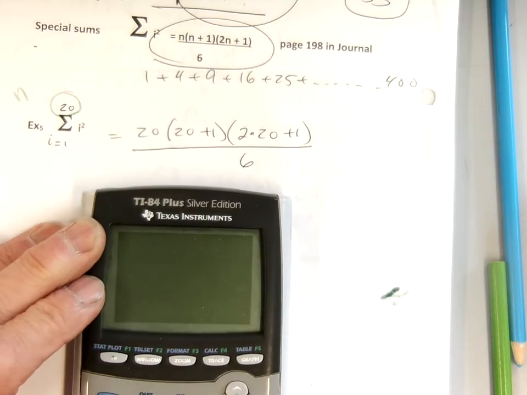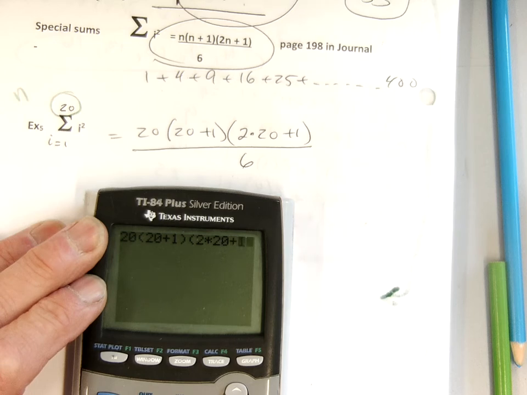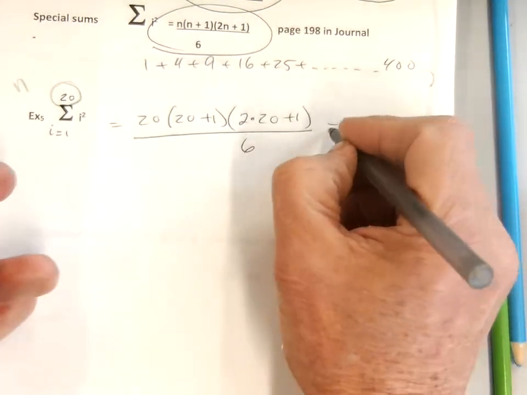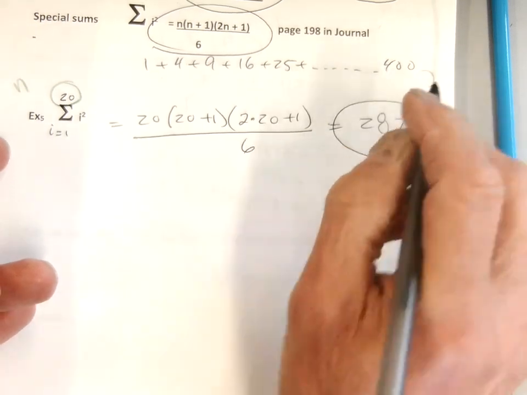I'm going to go 20 times 20 plus 1 times 2 times 20 plus 1 divided by 6. Yeah, Alonzo, is that what you got? Isn't that easier? And we're going to learn several formulas this week that will make this so much easier.